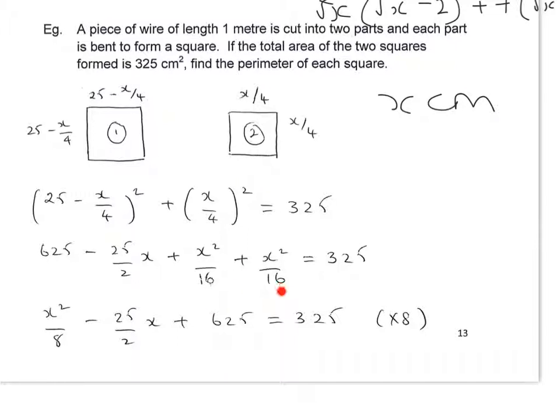And the second bracket gives me x squared over 16. So just doing a little bit of tidying up, x squared over 16 plus x squared over 16 is 2x squared over 16, which simplifies down to x squared over 8, minus the 25 over 2 x plus the 625, and that's equal to our 325 still.